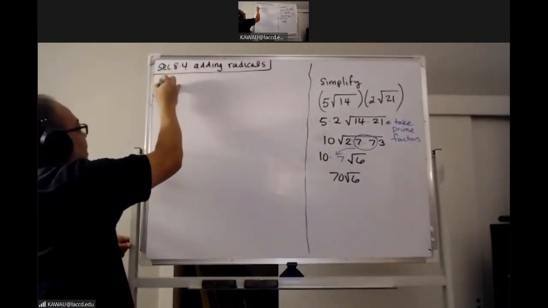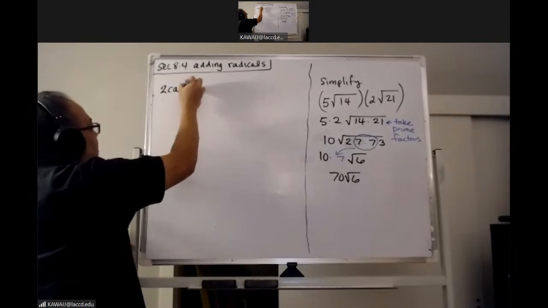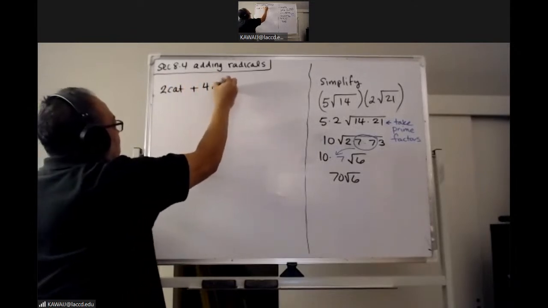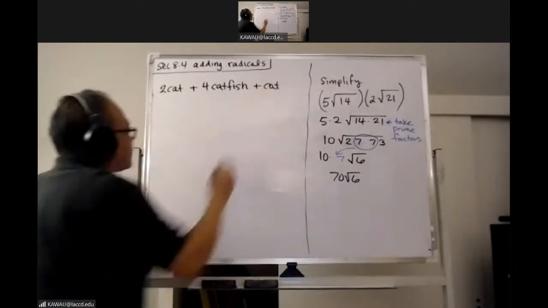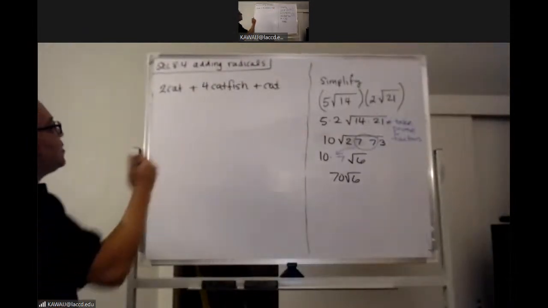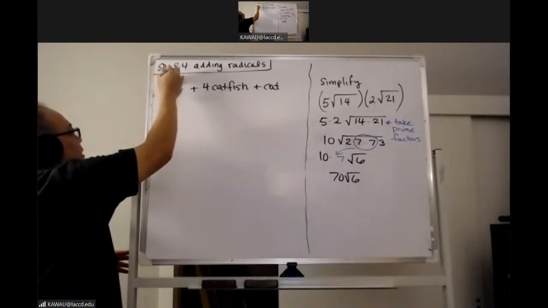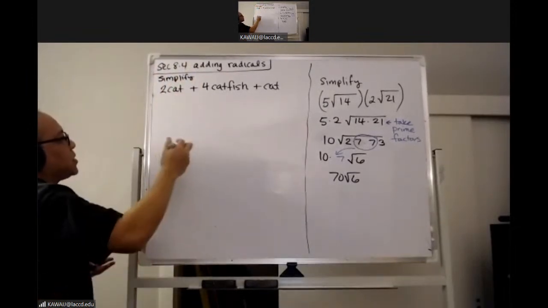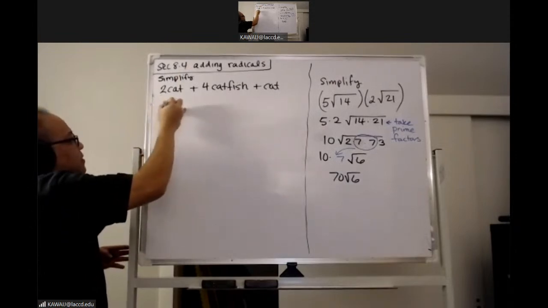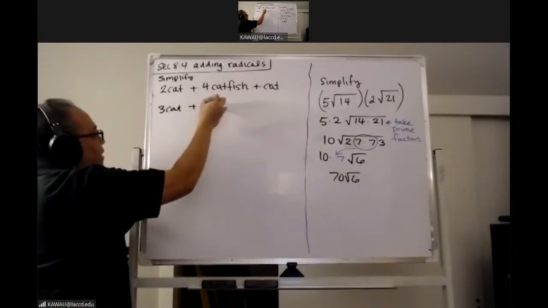So if I have 2 cats plus 4 catfish plus a cat, and I ask you to simplify this, say it in a way that's easier for me to understand, you would say, well, I have 3 cats and 4 catfish.